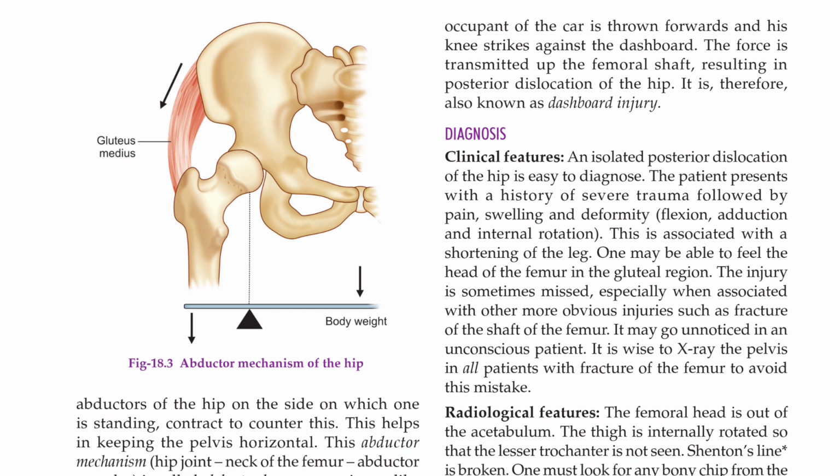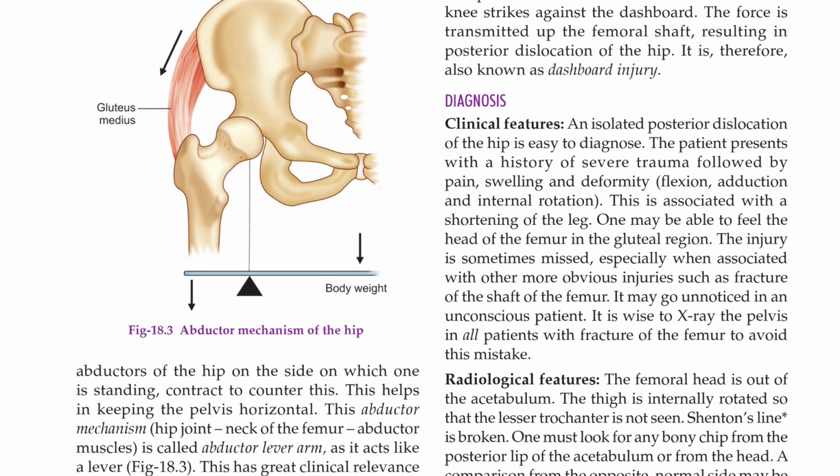So diagnosis क्या होगा? Clinical feature में देखेंगे. An ipsilateral posterior dislocation of hip, isolated, खाली सिर्फ हुआ है. Posterior dislocation of hip is easy to diagnose. The patients present with history of severe trauma, followed by pain, swelling, and deformity.